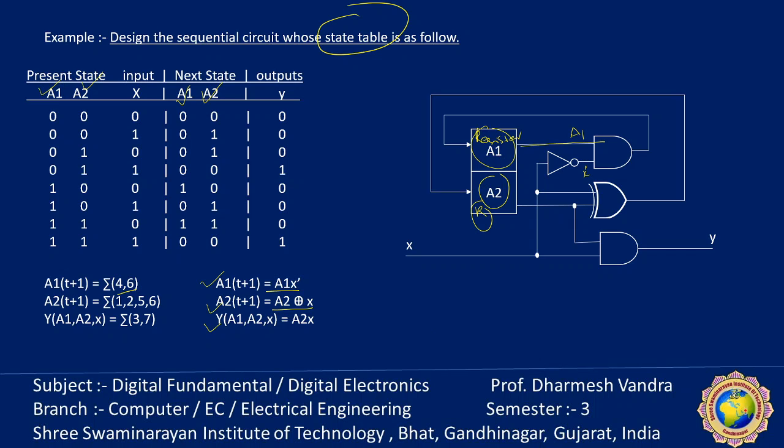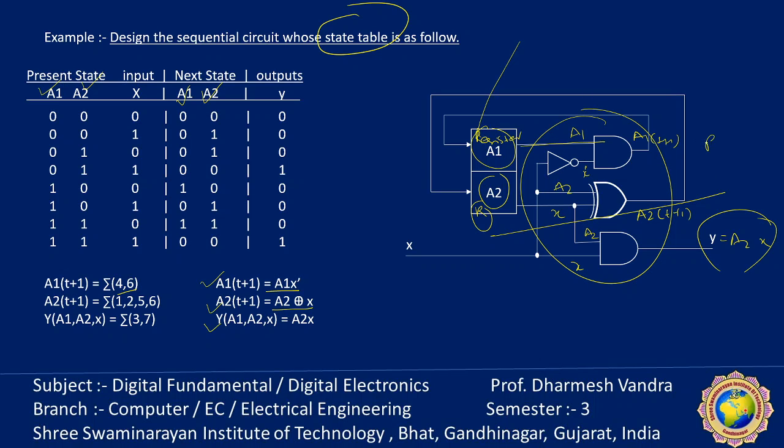Here, exclusive-OR of A2 and X generates A2(t+1). This is A1(t+1), and the output is X and A2. So in this way, we can generate the sequential circuit with the help of a register and combinational circuit, with part 1 for the next state and part 2 for the output.